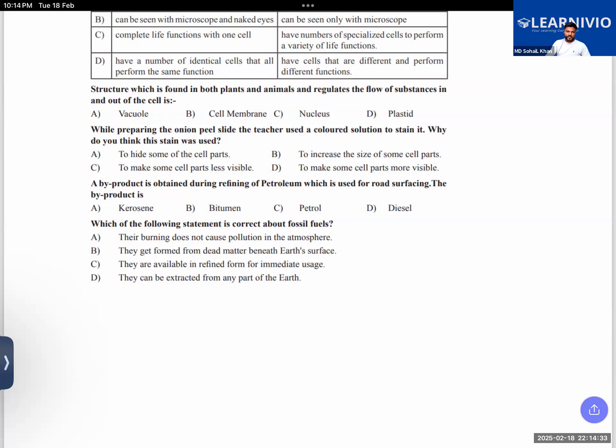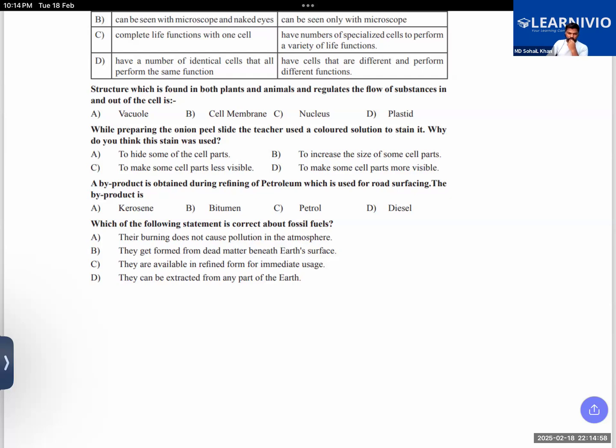Should I start? Yeah, you should. Don't wait. Bitumen.